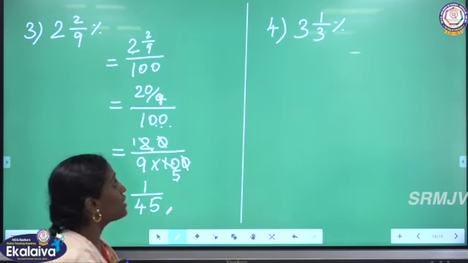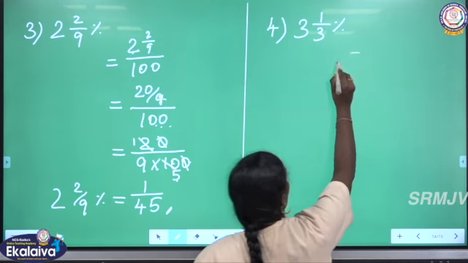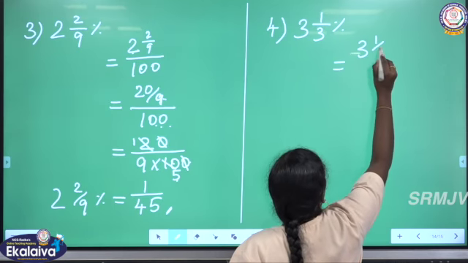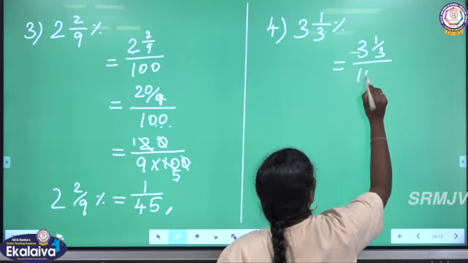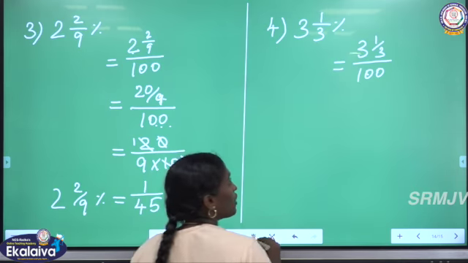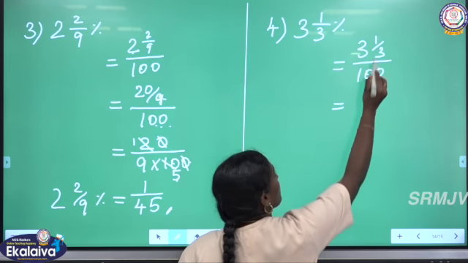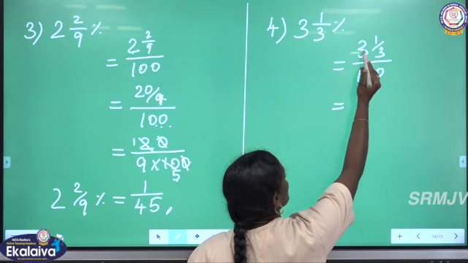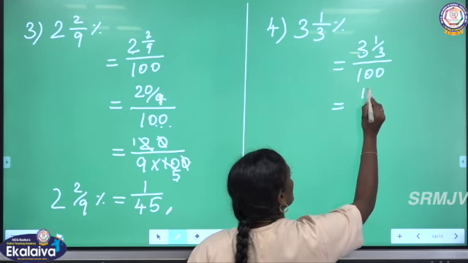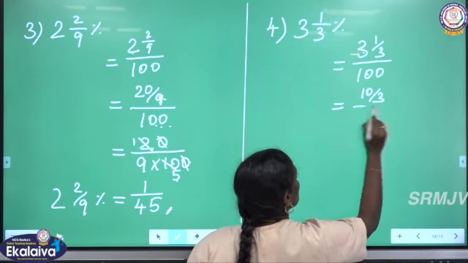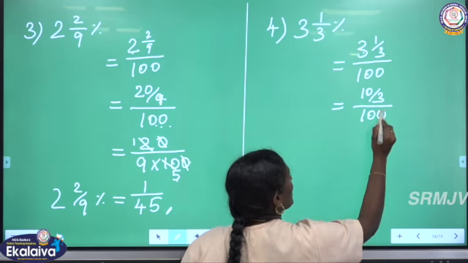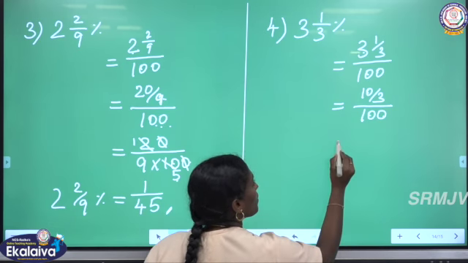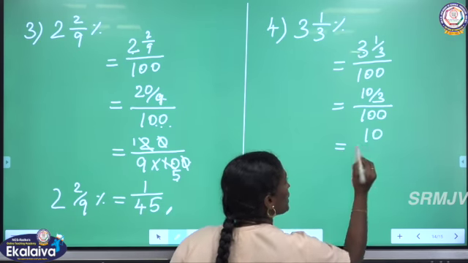This is the fraction. Next one, we are having 1 by 3 by 100. While writing as a fraction, we have to write like this. Then we have to convert the mixed fraction as improper fraction. 3 3s are 9. 9 plus 1, 10 by 3 by 100. Now we have to multiply the denominator numbers. 10 is the numerator number.